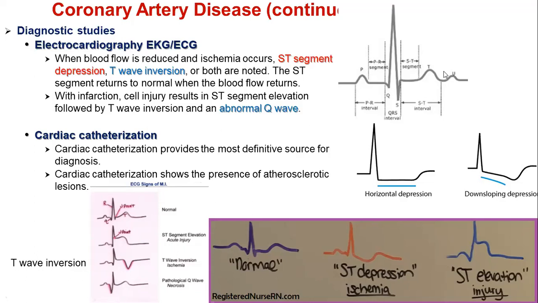So T wave, it is here, you can see this is called T wave, supposed to be upright or positive deflection. But if it does not look like this, if it is just the opposite direction, like here, this is the T wave. But in picture number 3, T wave is negatively deflected, I mean downwards.